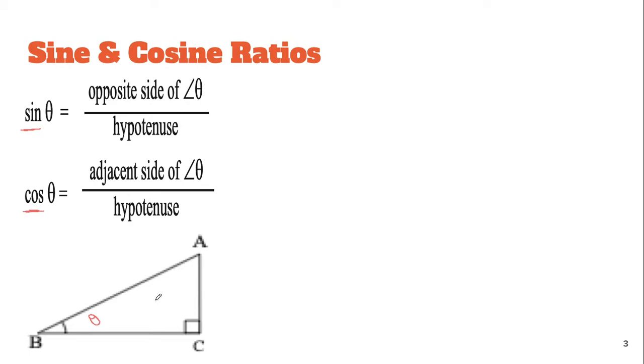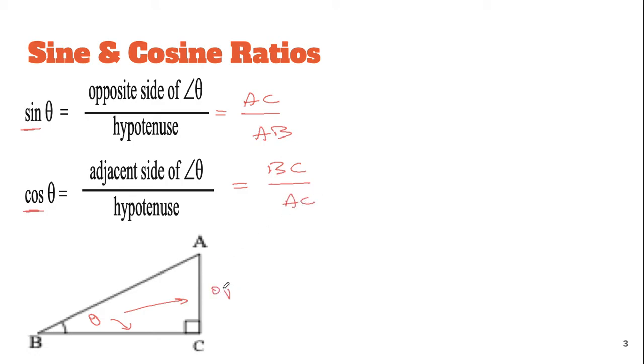Trigonometry defines sine theta as the opposite side of theta divided by the hypotenuse. So the opposite side of theta is AC divided by the hypotenuse, which is AB. Similarly, cos theta is defined as the adjacent side of theta, which is BC, divided by the hypotenuse AB.